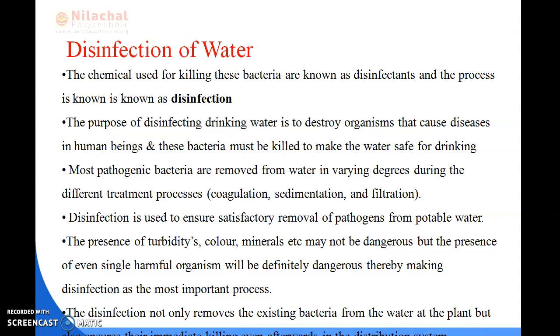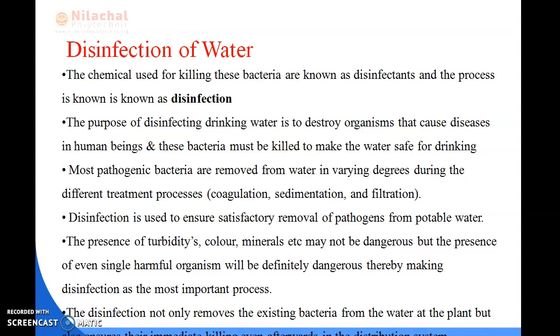We have already learnt about screening, aeration, sedimentation with coagulation, and filtration. Now we will discuss the next water treatment process, disinfection of water. The chemicals used for killing bacteria are known as disinfectants, and the process is known as disinfection.